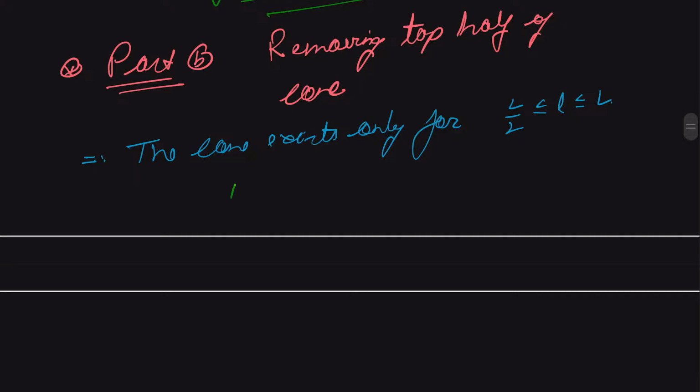Therefore, the axial electric field varies from L by 2 to L, and this is dl upon L. So we can easily solve it. This will again become natural log of l, between L by 2 and L. So we get natural log of L minus natural log of L by 2.